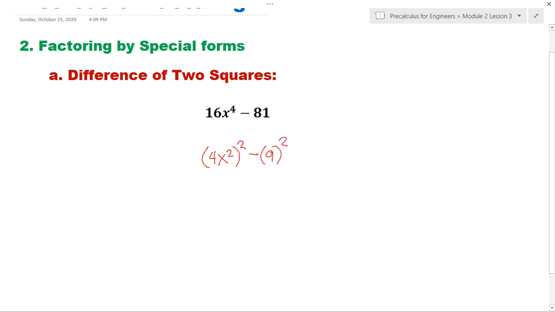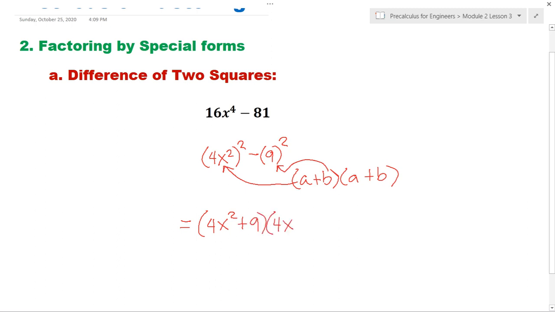So following our formula, which is a plus b times a minus b, where our a is 4x squared and our b is 9. Therefore, this is similar to 4x squared plus 9. And then we also have 4x squared minus 9.